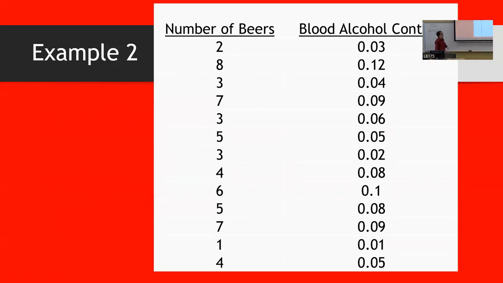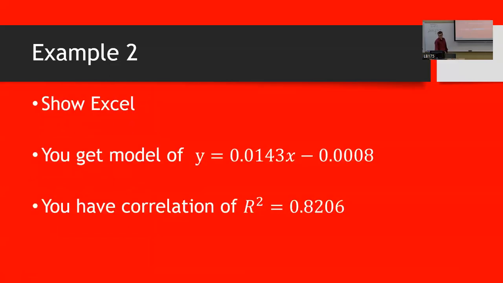When we did the example with the number of beers, we had R squared of 0.8206. That was a pretty good fit, right? For our purposes, R squared of 0.8206 lands in the good fit section. So this model fits our data pretty well.